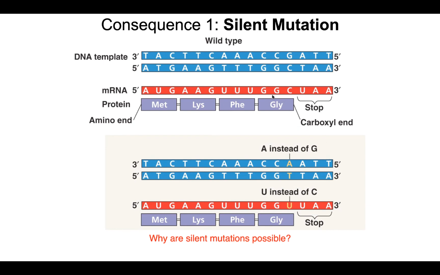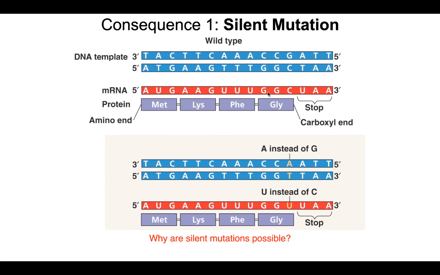Here we have our wild type, GGC. And here we have a mutation in which instead of GGC here, it's GGT, right? So there's a mutation in which instead of having a C, it's a T. Since this is the gene strand here, that's going to encode a messenger RNA that is GGU.